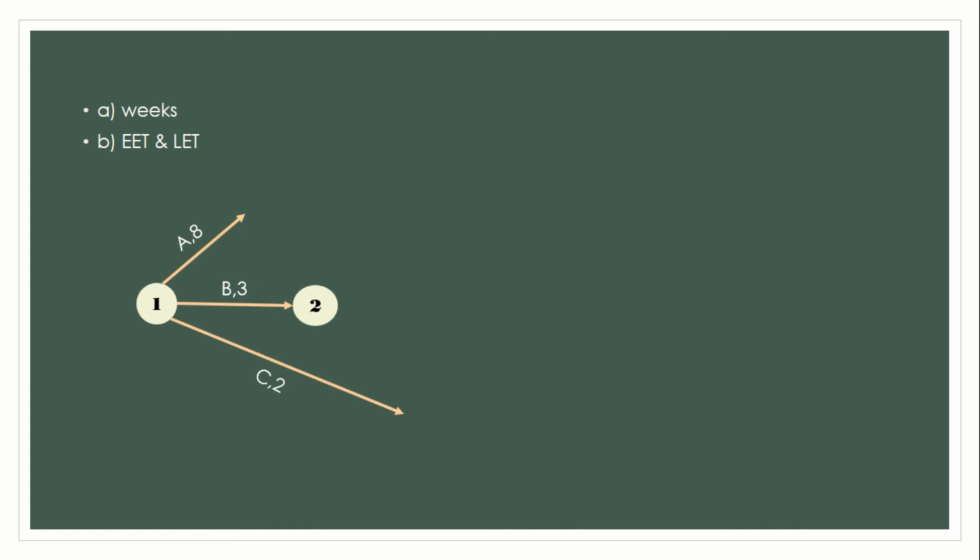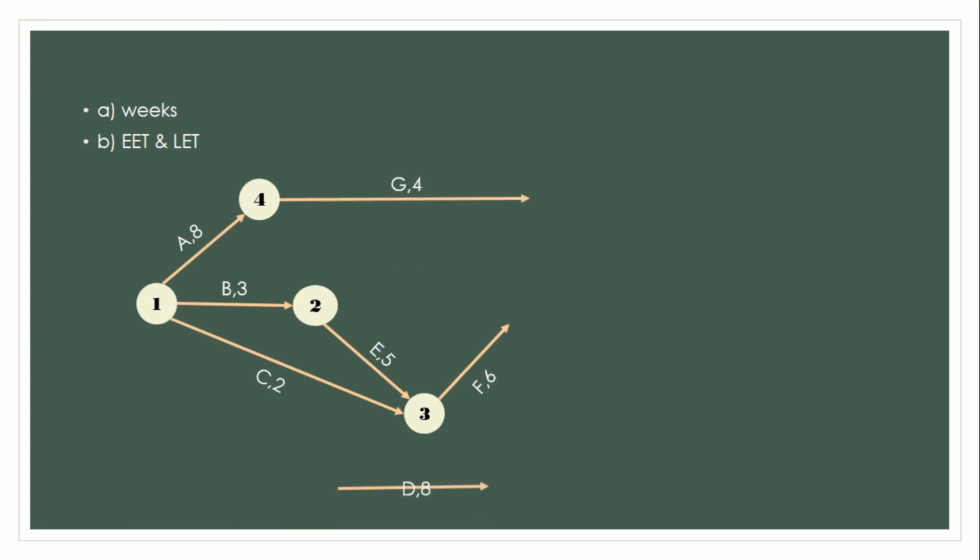Then we have event 3, where F starts coming out after we finish E and C. Then we have G coming from A. Then D coming from B. And then we have H coming from D and F.